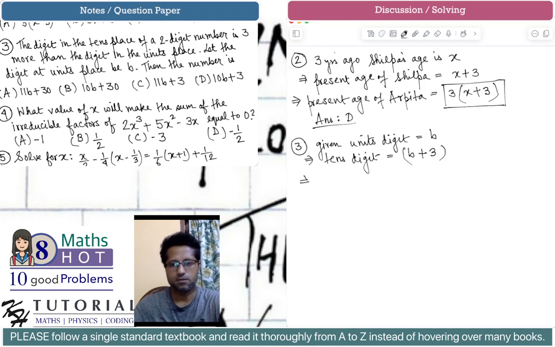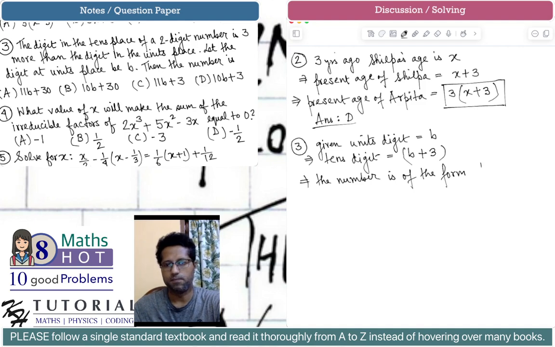This implies the number is of the form b plus 3 and b, where b is the units digit and b plus 3 is the tens digit. Now the question is asking for the number.